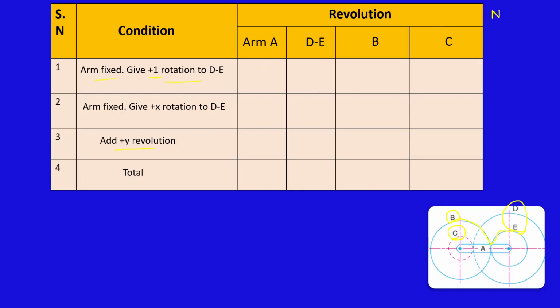Arm fixed means the speed of revolution of arm A is 0. Then we are giving plus 1 rotation. Here, the plus 1 rotation represents counterclockwise.